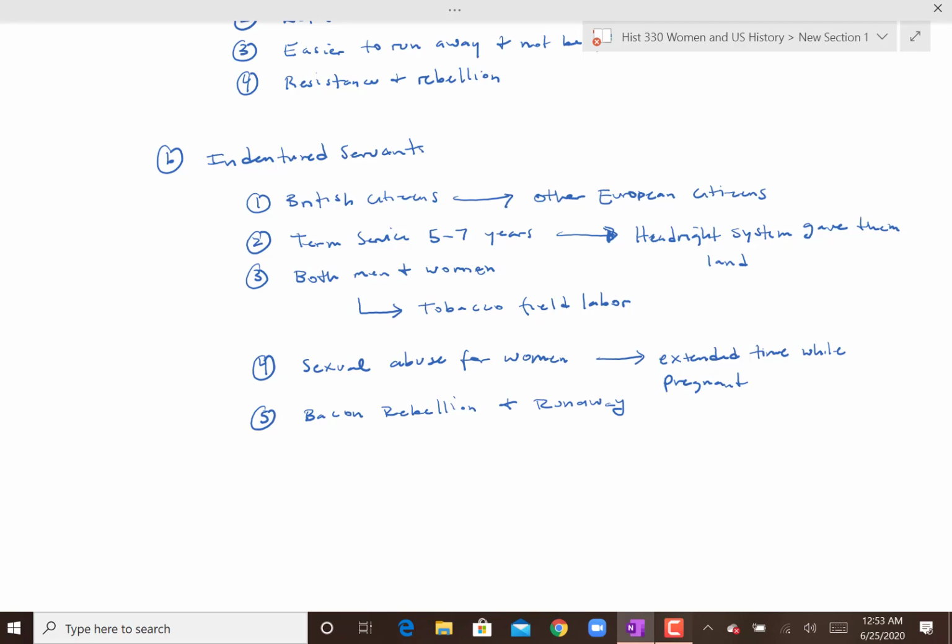That scared the crap out of the elite and the indentured servant owners, who began, it isn't the only thing, that was in 1676, so slavery is already going to come in, but it's the beginning of the transition to using slaves more often, and the transition away from indentured servants to solely using African slaves, and that is combined with, like I said, Bacon's Rebellion.